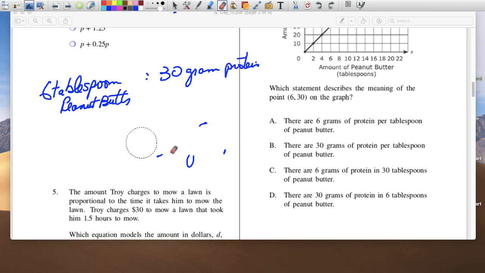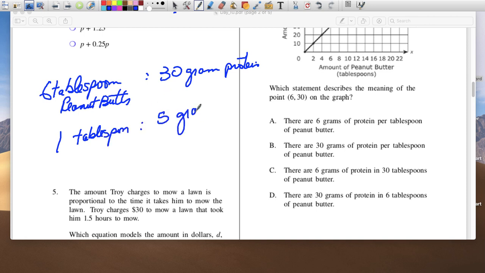So let's see. Now, this is saying that 6 grams of protein per tablespoon of peanut butter. So I can simplify if I divide this by 6, 1 tablespoon gives me 5 grams of protein. 30 divided by 6 is 5.